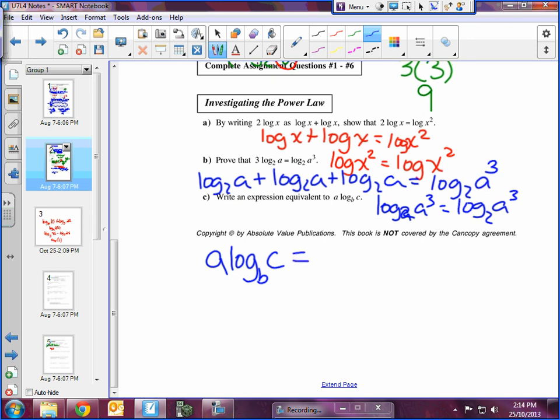You can see if I have this number in front being multiplied, that would be my new exponent. So I can rewrite this as log of c base b, but this would be c to the a. So this number in front just turns into this new exponent.